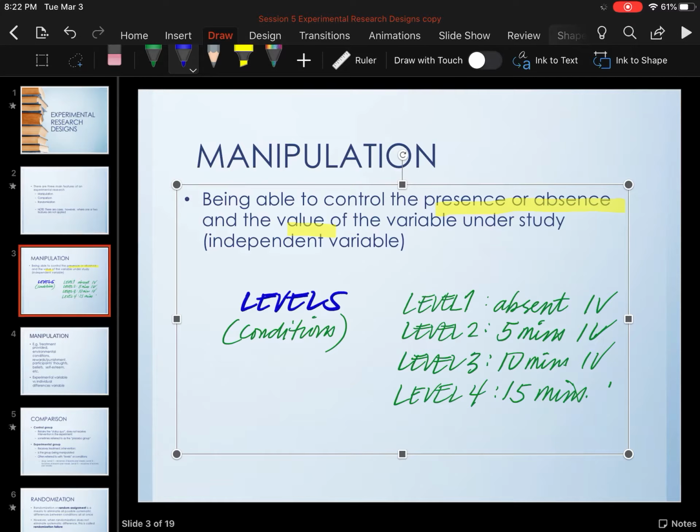Some will watch a 5-minute video, the others will watch a 10-minute and 15-minute video. And then you are going to see if it influences the mood that they have. Okay, so that is manipulation.